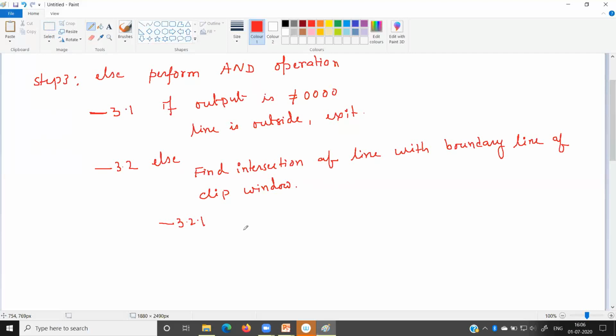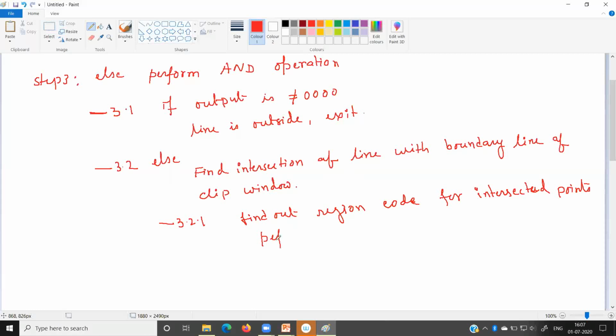So let us write it 3.2.1. After finding the intersection points, again find out the region code for the intersected points.